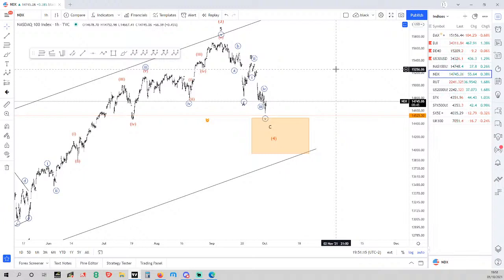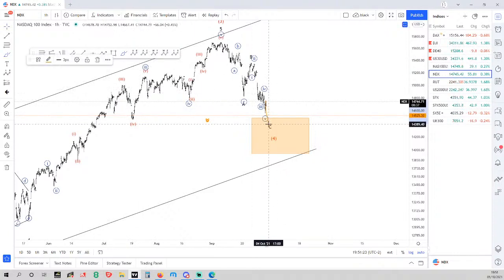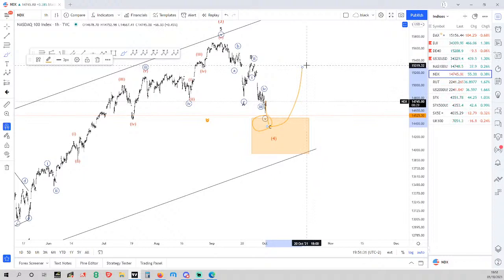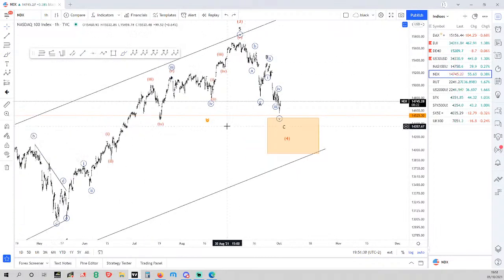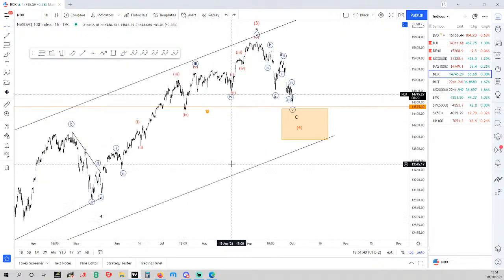I'm very interested. But if we do get a push lower, I believe the probabilities of actually reversing higher increase. That might sound crazy to some of you, especially if you're new to Elliott. It's fine, no worries.